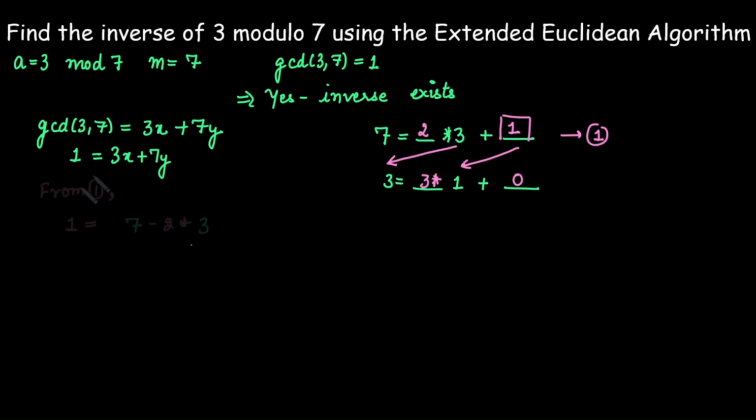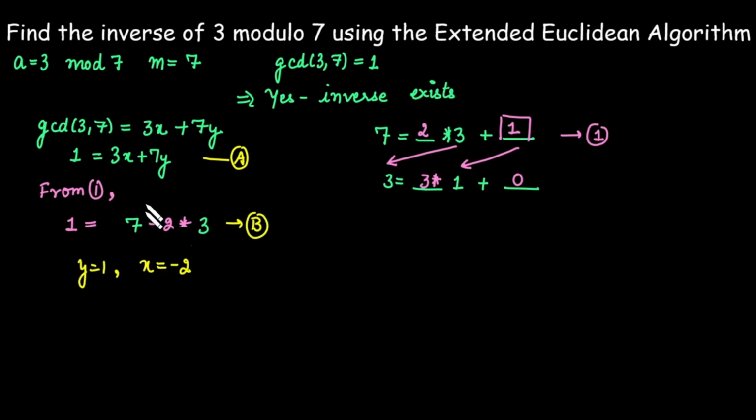That is equal to this. Now compare this equation and the equation obtained from the Euclidean algorithm. On comparing, we get y is equal to 1 and x is equal to minus 2. It means x equal to minus 2 is the inverse of 3 mod 7.